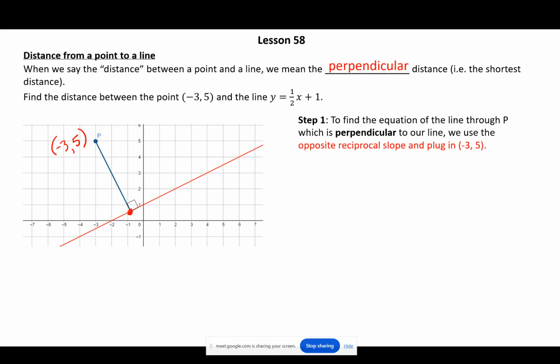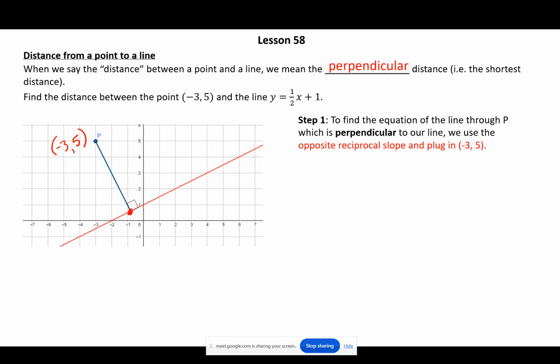So to find out what that point is, where these 2 lines intersect, I'm going to talk about the slope of the red line, and then I know that since these 2 lines are perpendicular, the slope of the line that goes from P, the blue line, down to the red line is going to have to be the opposite reciprocal of the slope of the red line.